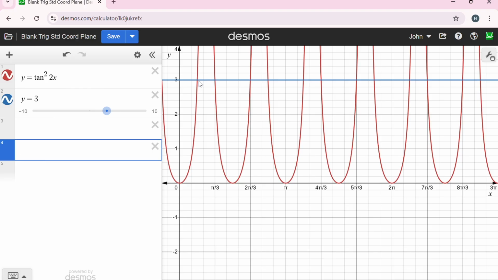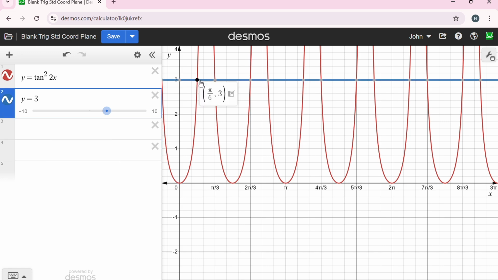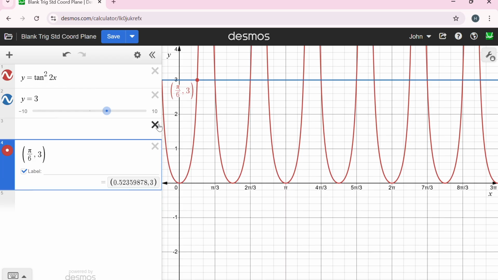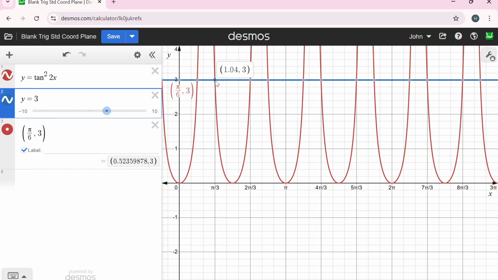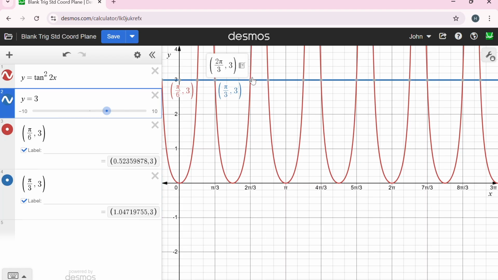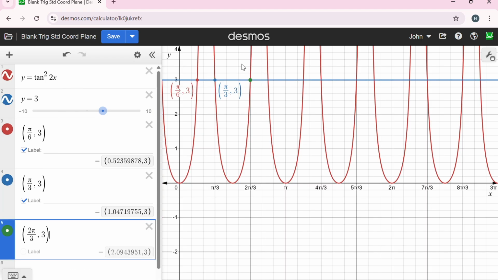So what do I got here? So within the domain, we got a bunch of solutions for this one. I have pi over 6. I have pi over 3. I have 2 pi over 3.